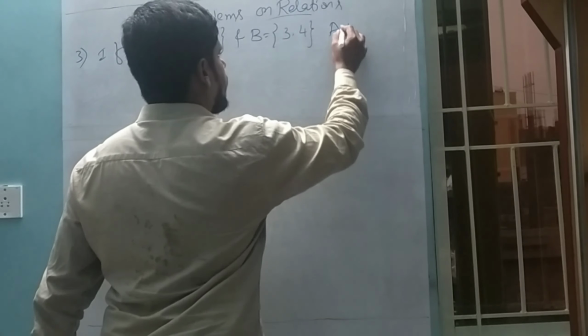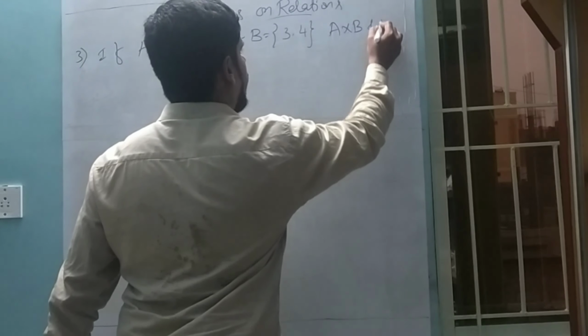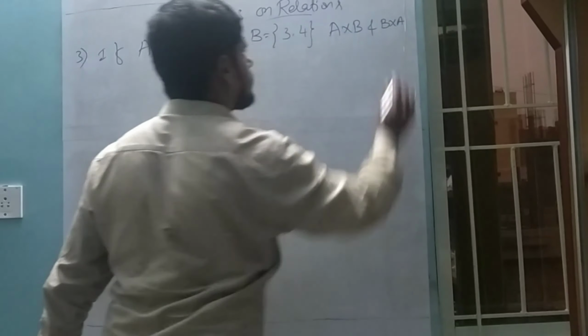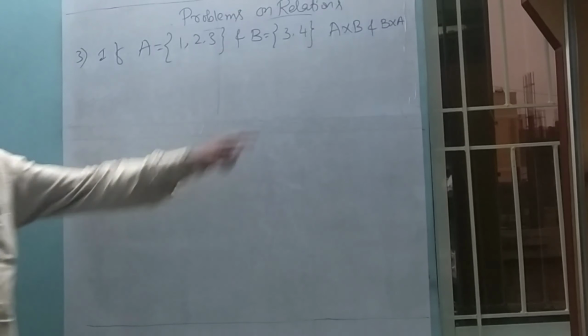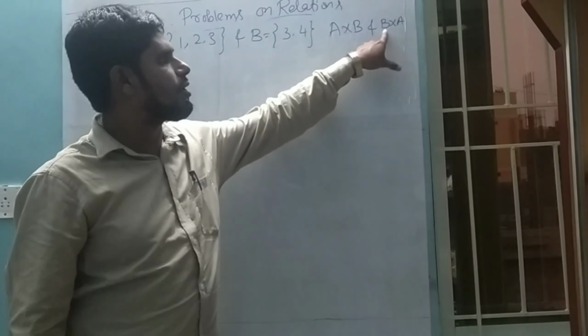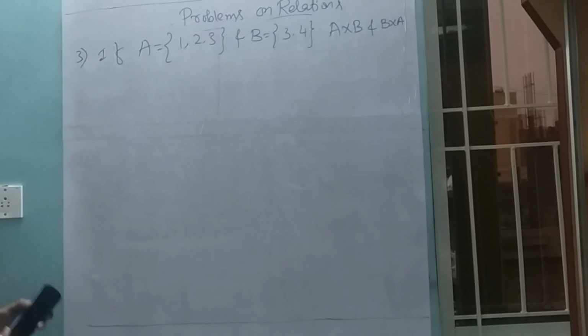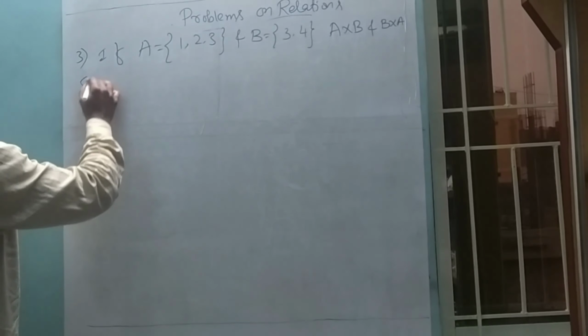Find A Cartesian B and B Cartesian A. That means we should find A cross B and B cross A. Let us see what happened. Solution.